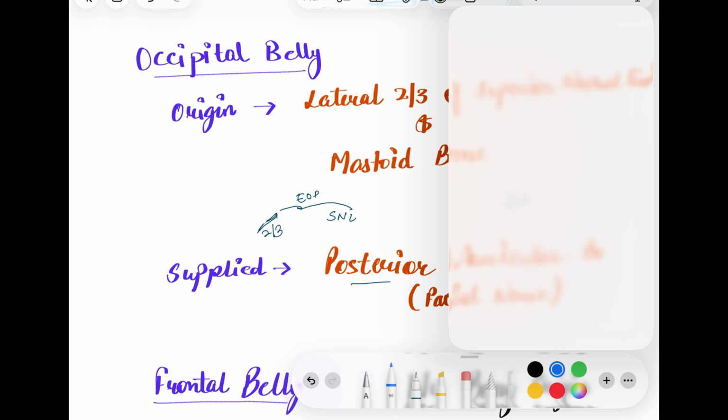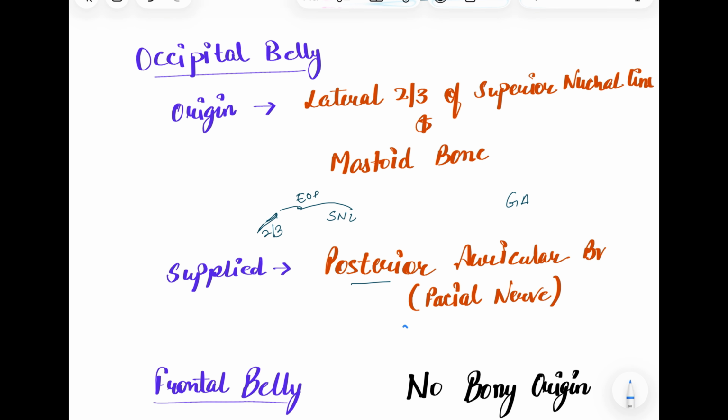So it is taking origin from the lateral 2/3 of your superior nuchal line, right? It is going in front, and on the lateral side we have the mastoid process also. So the fibers are taking origin from this process also. So it is taking origin from two parts, and in the center it is reaching your galea aponeurotica.